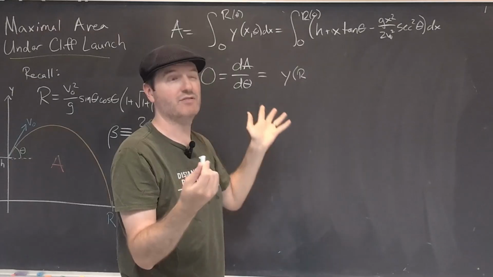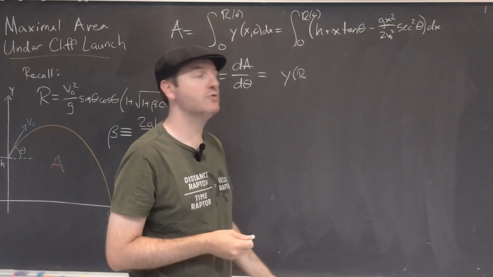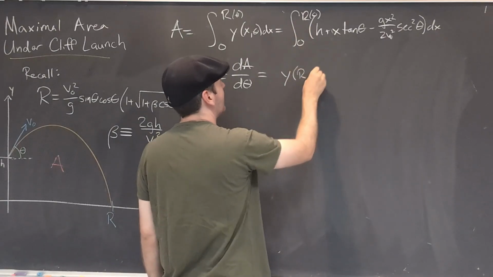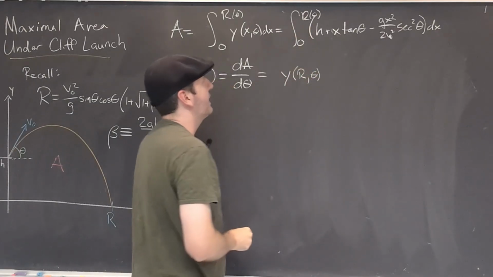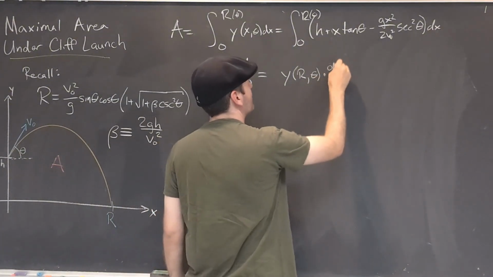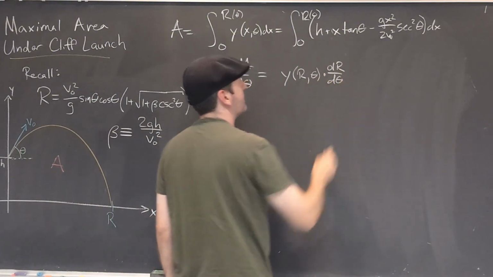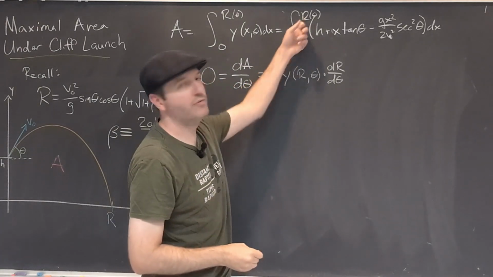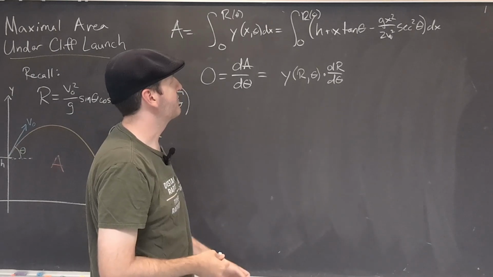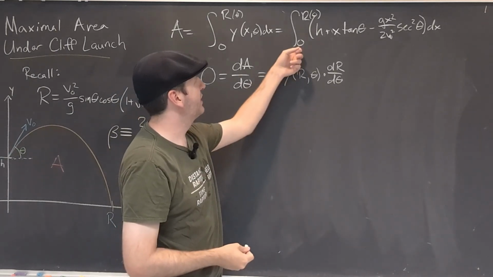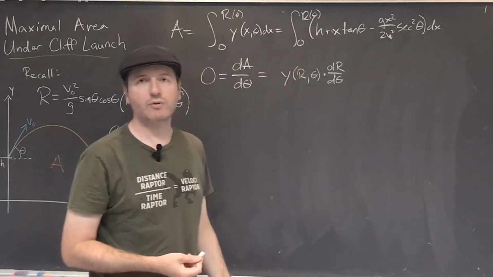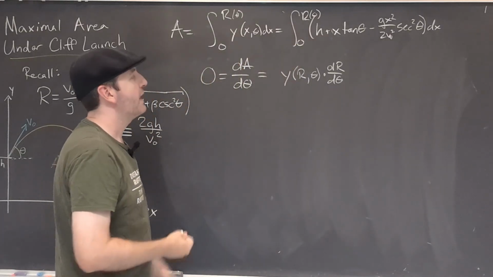I mean, that's what a derivative kind of does, is you undo the integral. So that'll just be y, but I evaluate it at r, at some theta. And I multiply from the chain rule by dr d theta, the derivative of what I'm plugging into my function. Technically, I should also plug in 0 and subtract that off, but the derivative of 0 with respect to theta is 0.